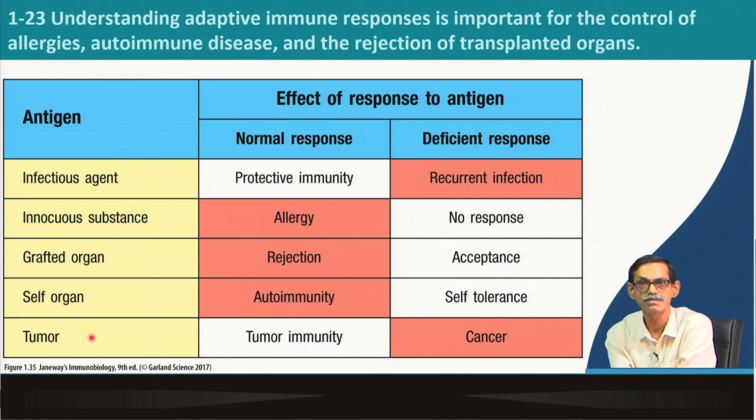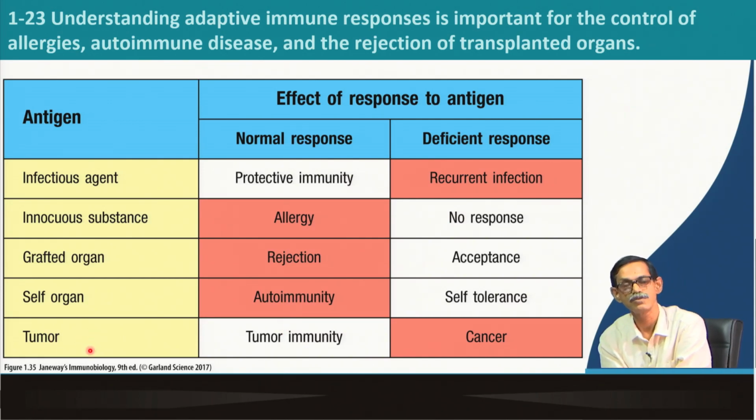And tumor, as I told, if there is a tumor or cancer, in the normal response the tumor will be cleared by our immune system, but if for some reason the T cell or NK cell cannot recognize the transformed cell or the cancer cell, the progression will be the disease, the cancer.